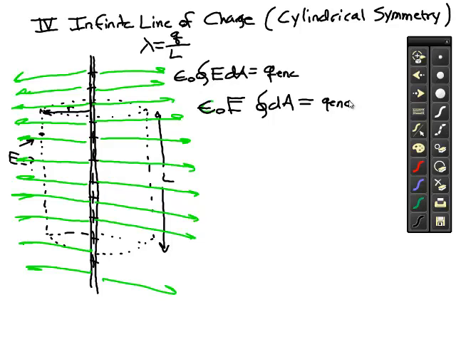How much charge is enclosed by my cylinder? Look at my density equation. Lambda L. So I'm going to say lambda L. And I'm going to replace the integral, the sum of all the area on the sides of this cylinder, with what? What's the lateral area of a cylinder?